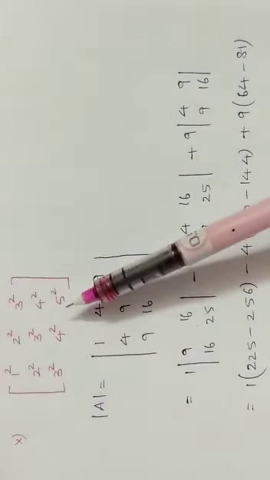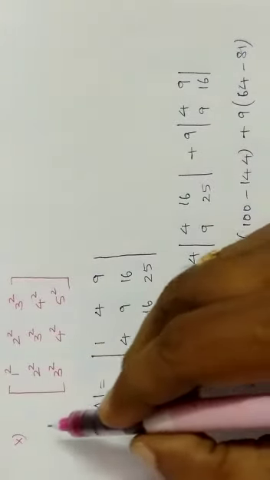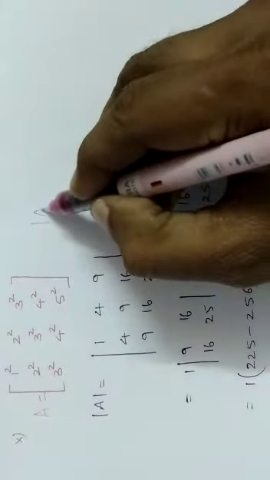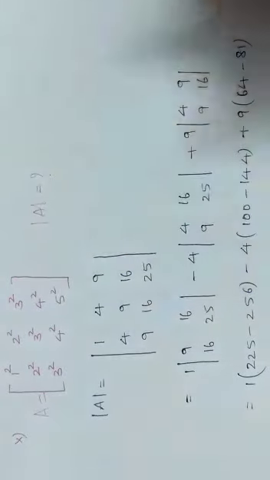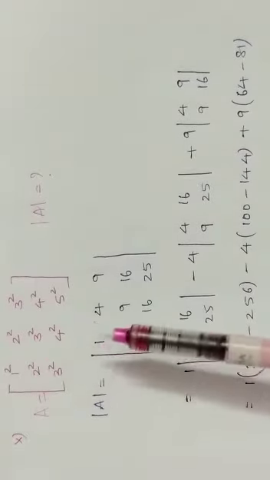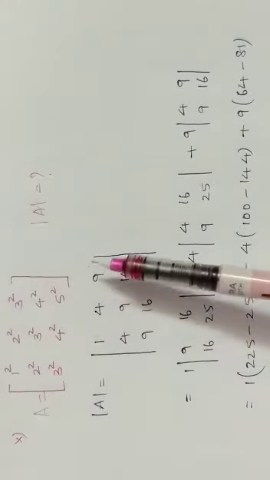Find the det of this matrix. As I name it as A, what is det A? So det A equal to 1 square 1, 2 square 4, 3 square 9.